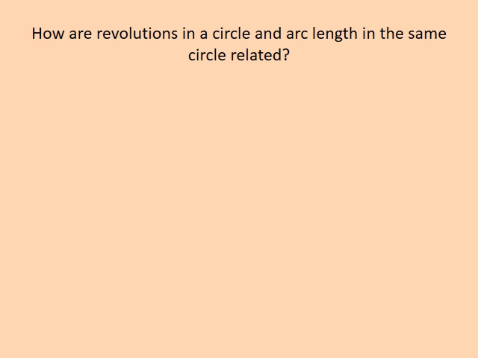How are revolutions in a circle and arc length in the same circle related? We'll recall from previous lessons that arc length is the radius times theta, where theta is your angle in radians. So suppose it's 2 revolutions. 2 revolutions means the angle is 2 times 2 pi, so our theta in this situation would be 4 pi.